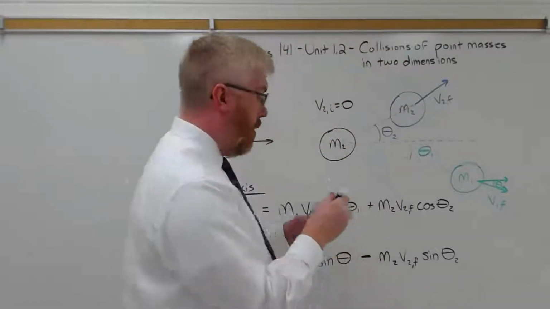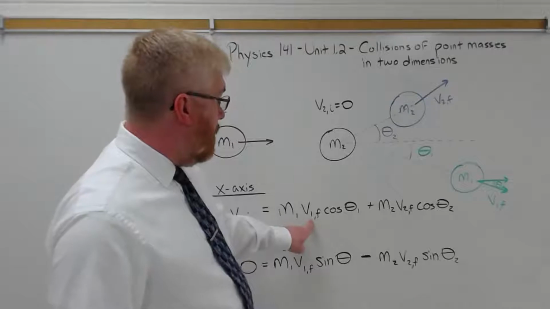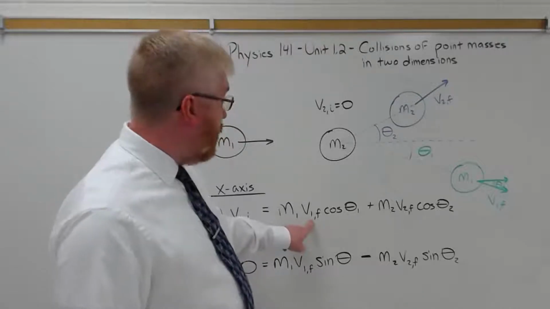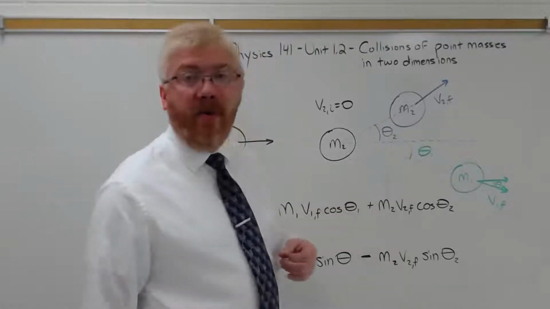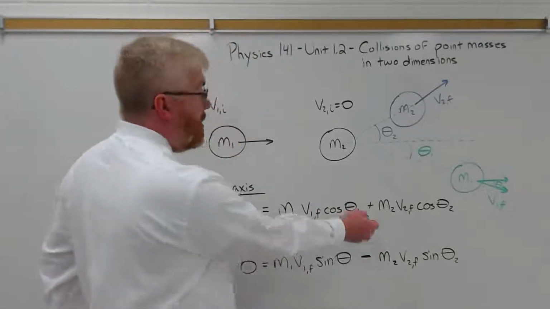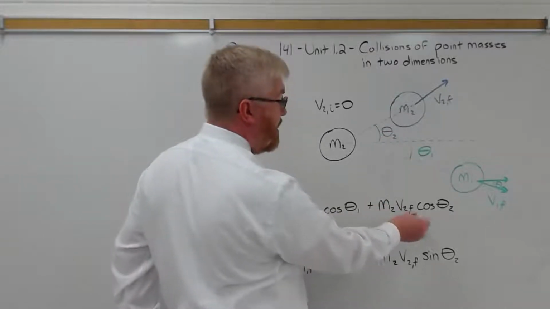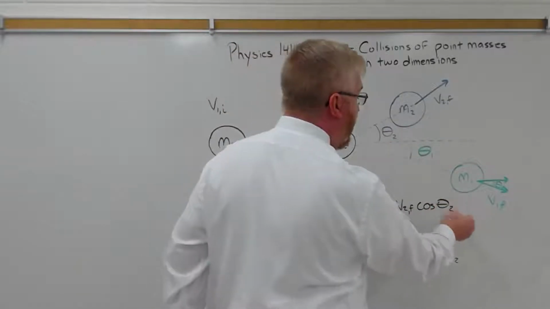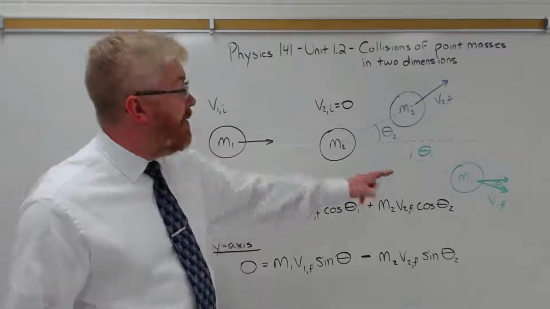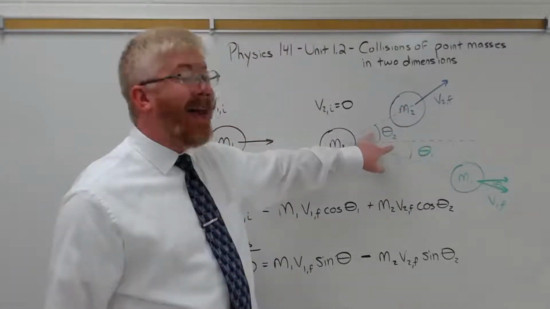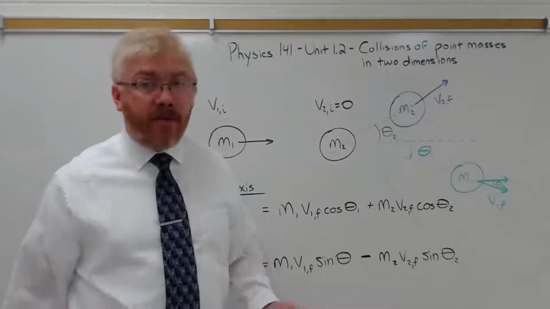So the final velocity of object 1 times the cosine of that angle gives the x component of the velocity. Same thing with object 2: mass 2 times the final velocity of object 2 times the cosine of angle theta 2. So you can see that in the two-dimensional case, we not only have the final velocities to deal with, we have the angles that they come off at. So rather than 6 unknowns, we now have 8 unknowns.